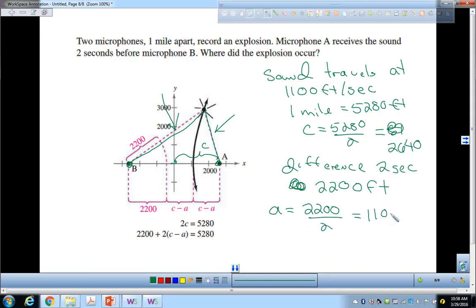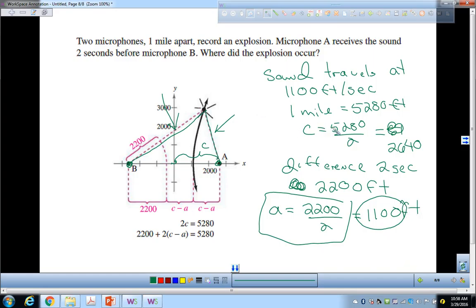So this is the tricky part, which you have to look at some geometry to figure out. But a is going to be the difference between this, and the way you do that is by this minus this, you get a, okay? And so a, just believe me, is 1,100 feet.